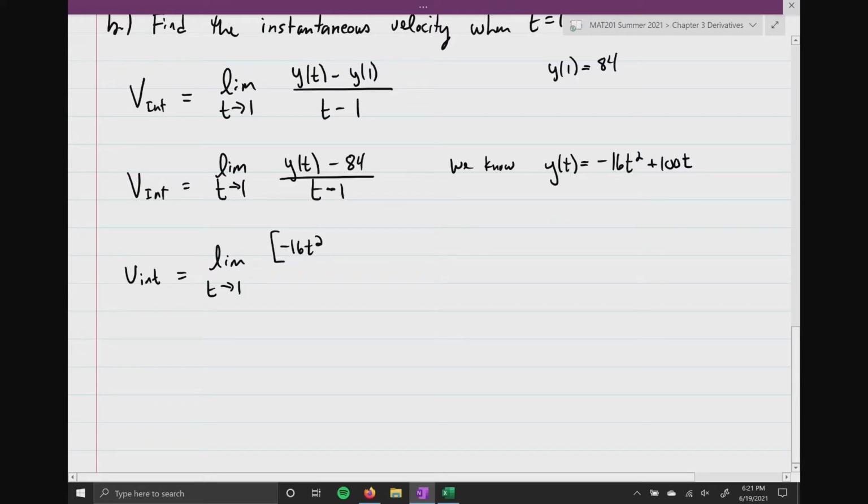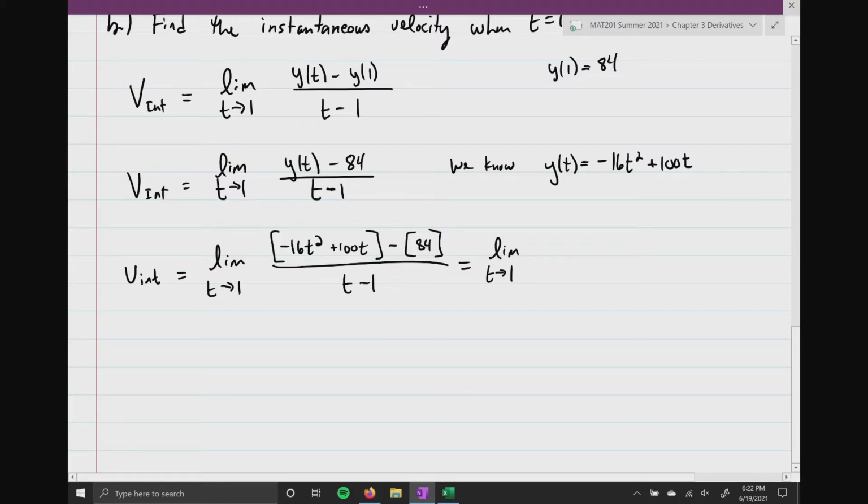Negative 16t squared plus 100t minus [84] all over t minus 1, which gives me the limit as t goes to 1 of... and now since I can go ahead and distribute if I have to.